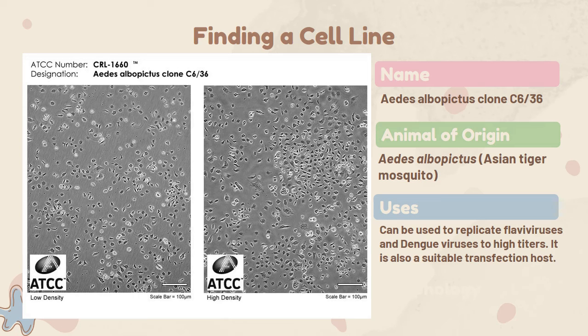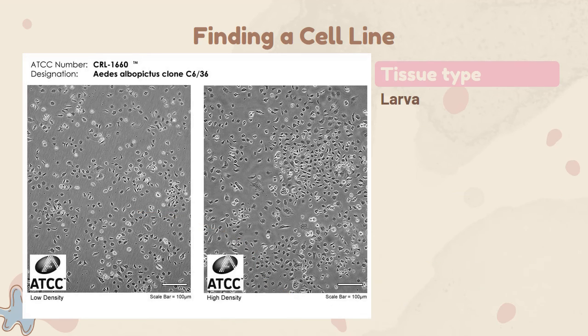It is also a suitable transfection host. As we can see from the picture on the left, the morphology of this cell line is epithelial, due to its shape, which is polygonal with more regular dimensions. The tissue type for this cell is larva.